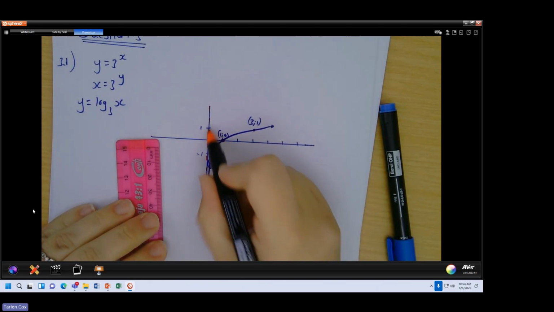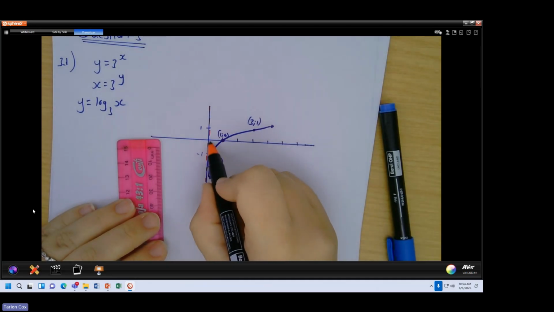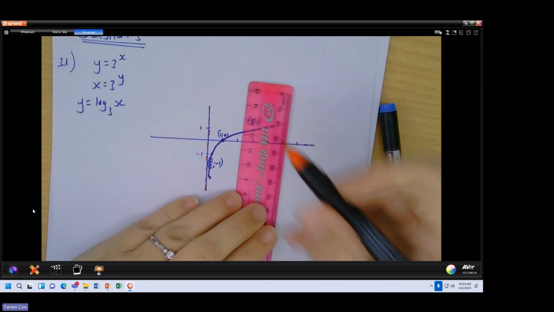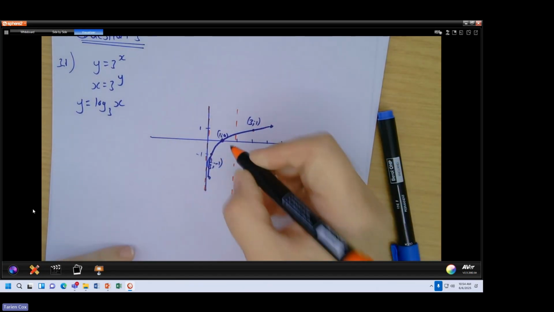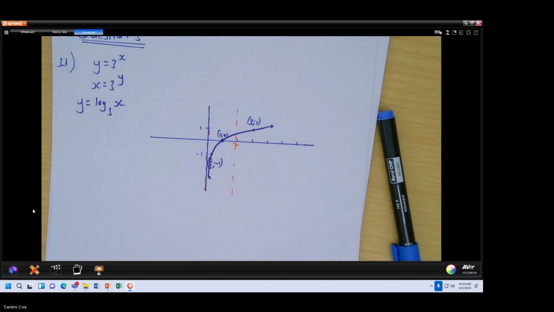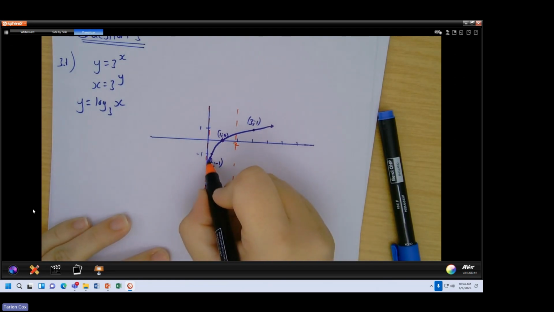So if my asymptote was here at 0, if I go 2 units to the right, 1, 2, my new asymptote will be here at 2. That's the first part. Then I'm going to literally just move my points 2 units to the right.